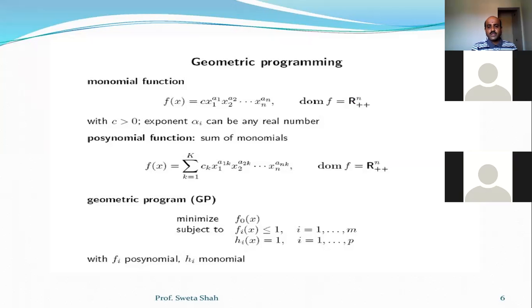The monomial functions, so this is the standard geometric programming form. The polynomial function is a sum of monomials.